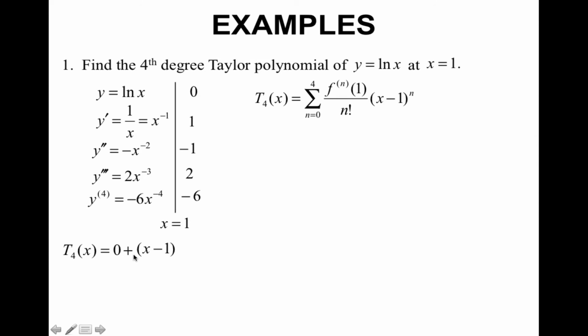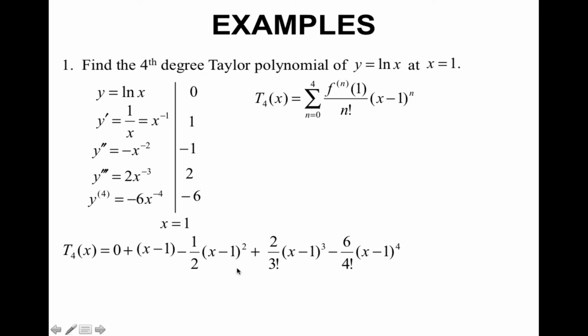Since the first derivative is 1, I have 1 times x minus 1, plus the second derivative times the factor squared, plus the third derivative, and notice I'm dividing by the factorials, that goes with my Taylor polynomial, times x minus 1 cubed, and then plus the fourth derivative times the factor x minus 1 to the fourth.